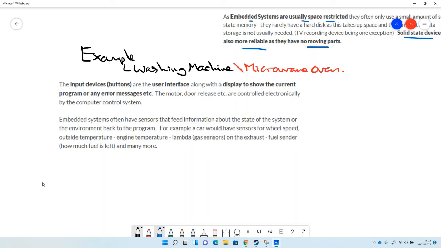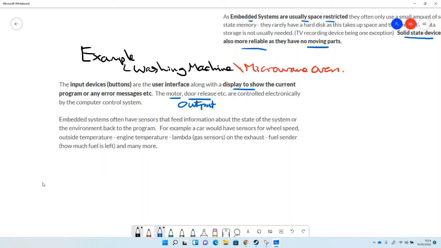And they form the user interface along with a small display that shows the current program or an error message or something like that. Things like the door release and the motor are controlled electronically by the system. Those devices are output devices, things like the motor, and they're controlled directly by the embedded system.